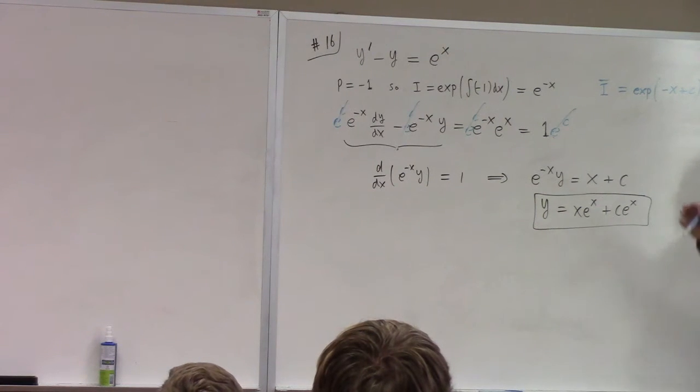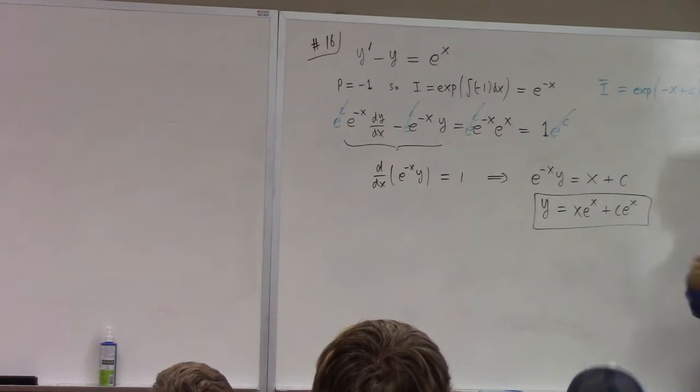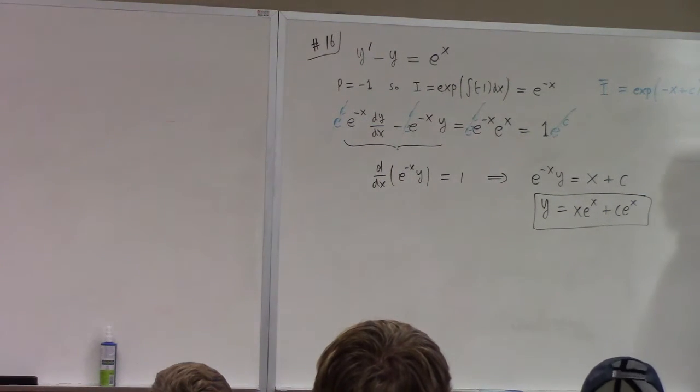So the point is, adding a constant in the integral and the exponential just modifies the integrating factor by a positive constant multiple. Since you're multiplying the equation, you're just going to divide it out in the next step, so we don't bother.